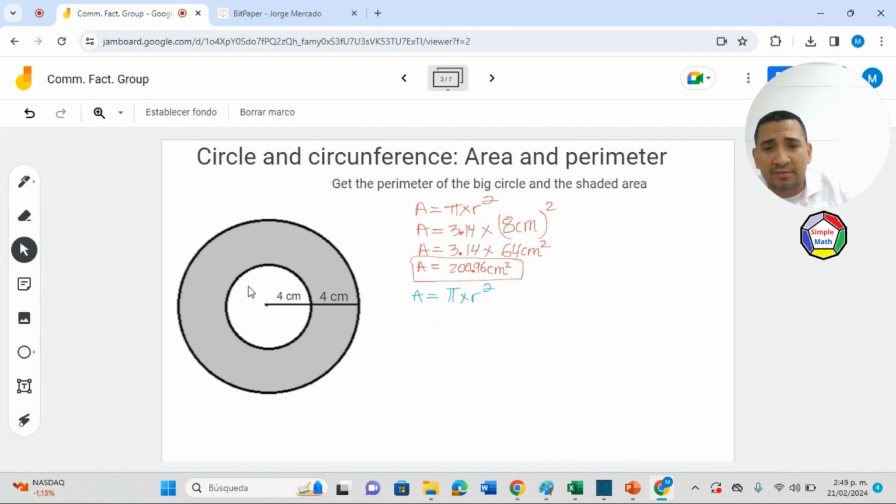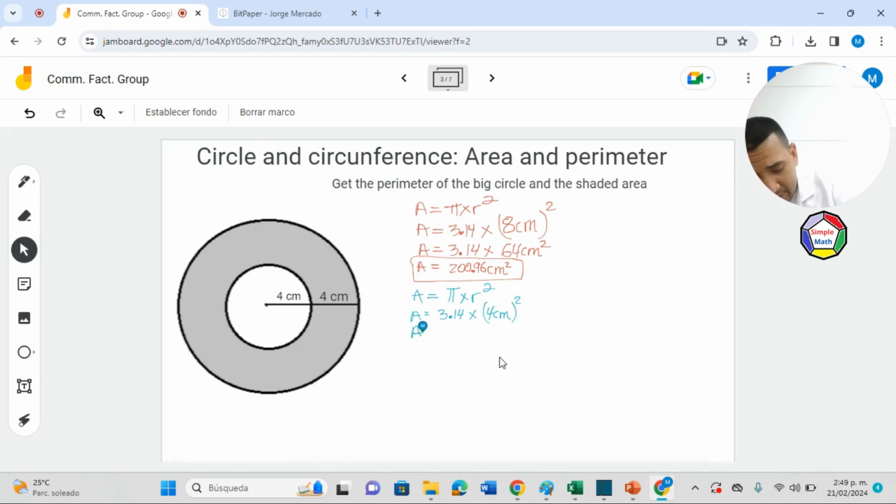Look, this is the small circle, and the radius is this line, which is 4. So the area of the small circle is pi, which is 3.14, times the radius, in this case 4 centimeters, exponent 2.